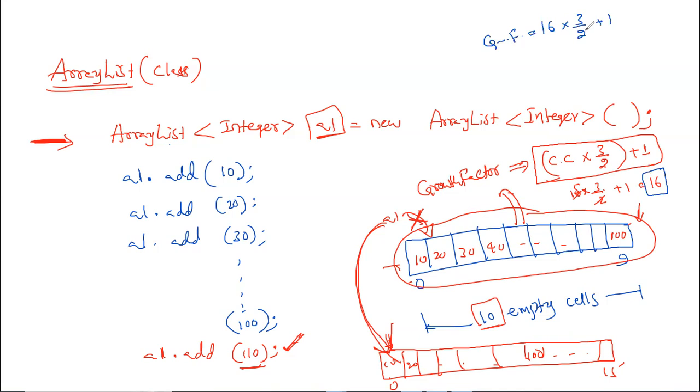This is the next one: 2 eights are 16, 8 threes are 24, plus 1, 25. Tell me the next one. What's the next growth factor? What will happen here? 25 into 3 by 2 plus 1. Tell me the answer.